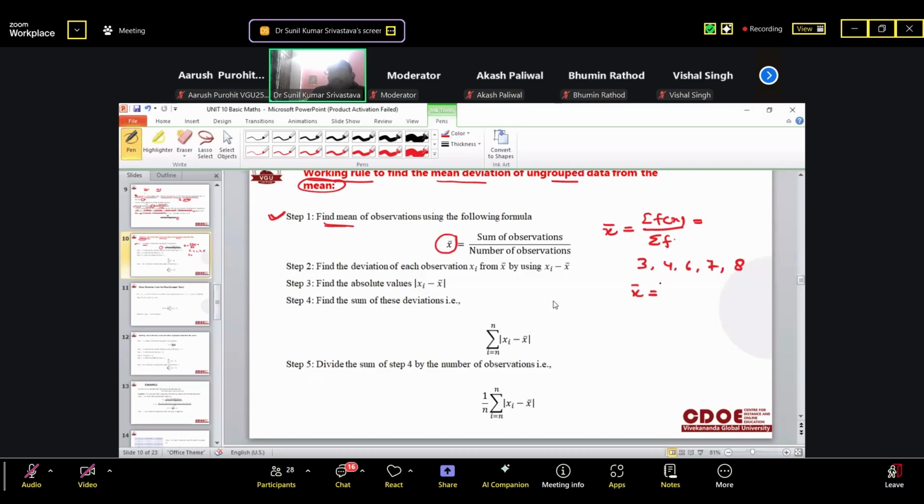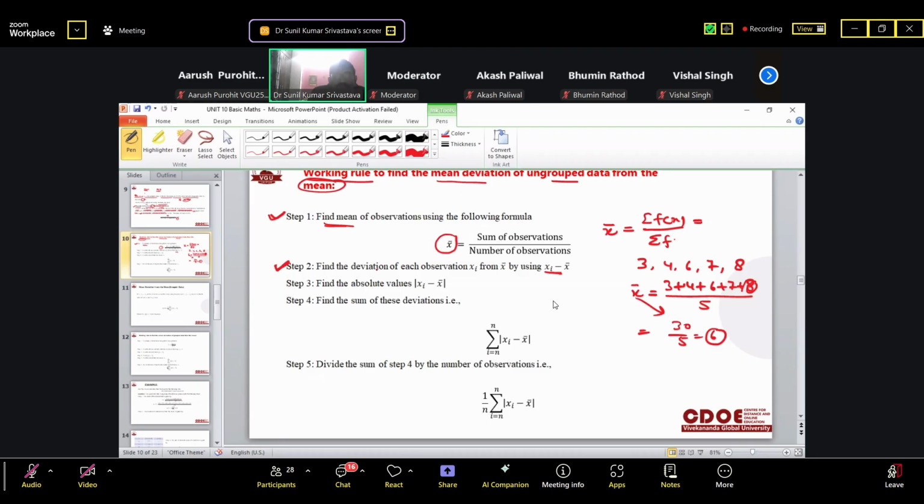We add all the data: 3 plus 4 plus 6 plus 7 plus 8, which is 28, and divided by 5. Let us say it is 30, then 30 divided by 5 is equal to 6. So the mean is 6.